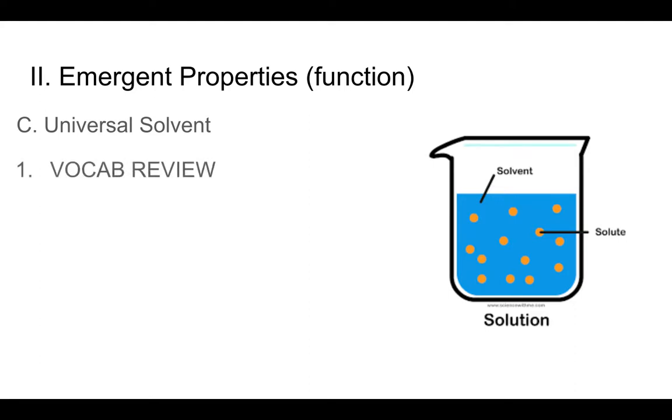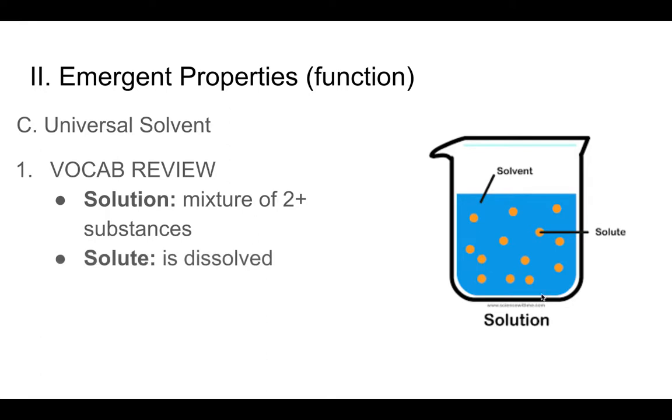So a quick vocab review, probably a flashback to 6th or 7th grade science. We need to make sure that we understand all of the words in this picture. So first, a solution. This entire mix here in the beaker is a solution. So that is a uniform mixture of two or more substances.